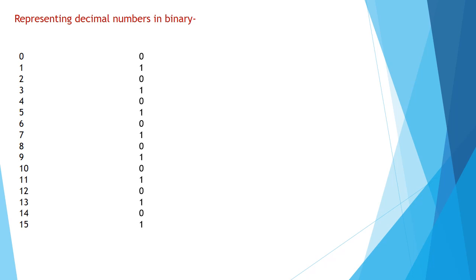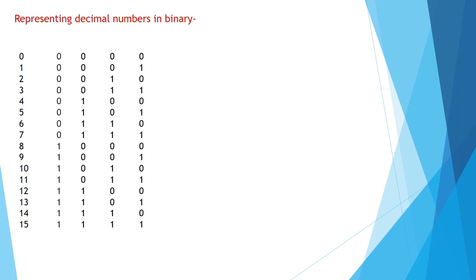Start from 0 until 15, follow this order: 0 1 0 1 0 1, alternating 0 and 1. In the next one write 0011, that is 2 zeros and then 2 ones, then 2 zeros, 2 ones. In the next you write 4 times 0, then 4 times 1, 4 times 0, and again 4 times 1, and in the last one you write 8 times 0 and 8 times 1.